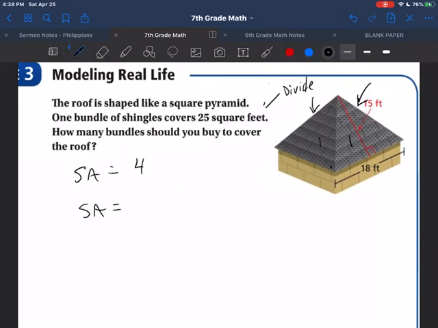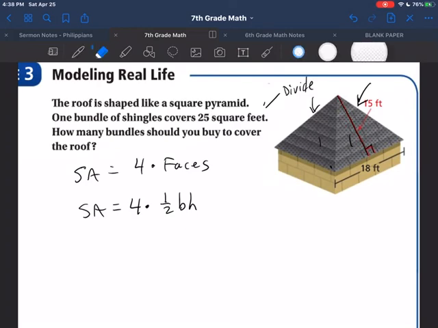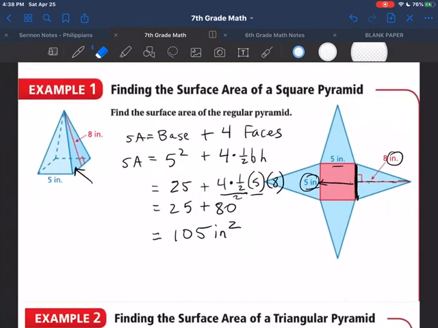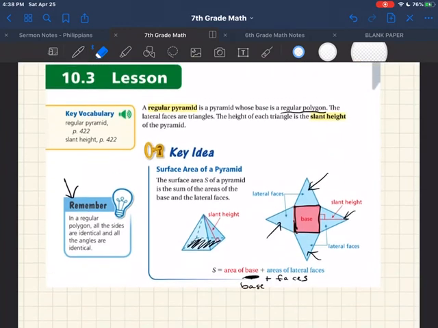So we're going to have 4 times the faces, and the faces are all triangular. So 4 times 1/2 base times height, and now we just need to figure this out. By the way, this is called the slant height. I'm not sure we talked about that. Let's see what they say about that exactly.